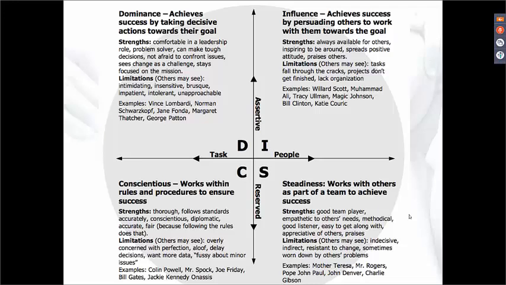So if we look at that influencer again, strengths are always available for others, inspiring to be around, spreads a positive attitude, praise to others. Limitations: tasks fall through the cracks, projects don't get finished, lack of organization. Examples: Willard Scott, Muhammad Ali, Tracey Ullman, Magic Johnson, Bill Clinton, Katie Couric.